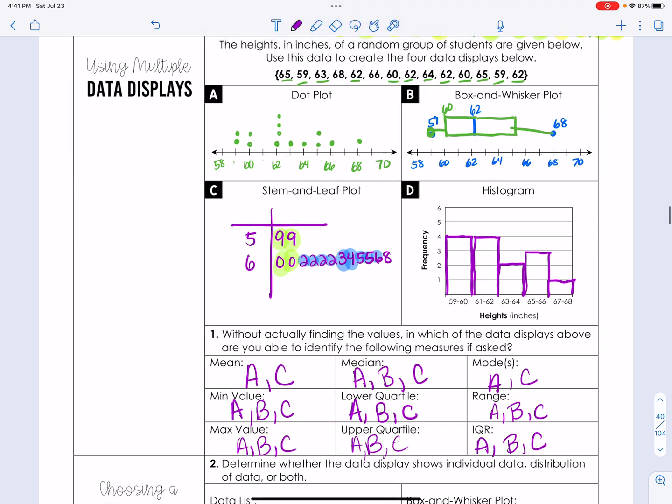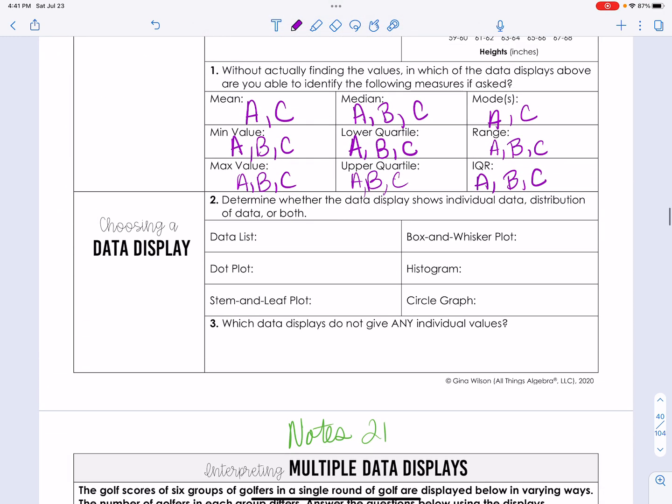All right, so on the next one, determine whether the data display shows individual data, distribution data, or both. Okay, so a data list shows individual data, but it doesn't necessarily show how it's distributed.